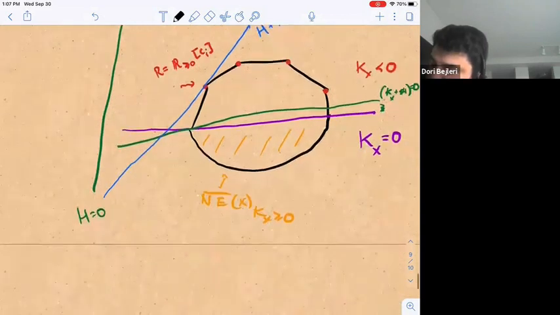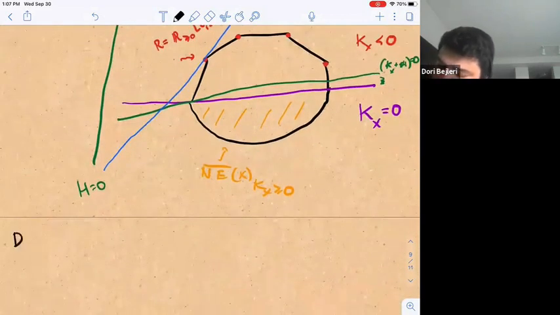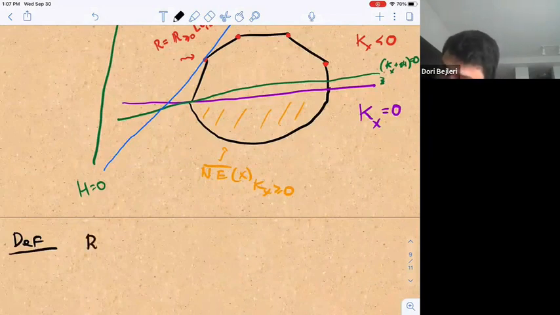Okay, so let me just give another definition. I think I gave this before, but these R's are extremal rays.